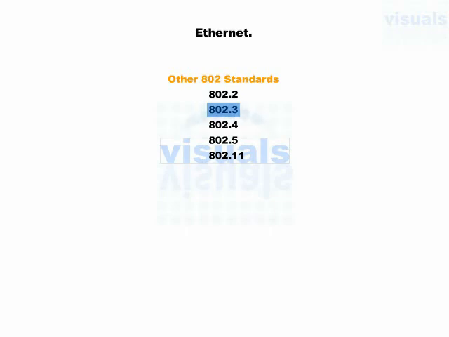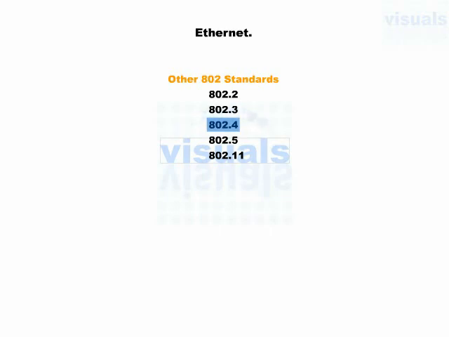802.3 standard we have discussed in detail a bit earlier. IEEE 802.3 standard describes MAC sublayer of data link layer and physical layer. 802.3 standard is also referred to as Ethernet. After that, 802.4. This standard describes FDDI, Fiber Distributed Data Interface.